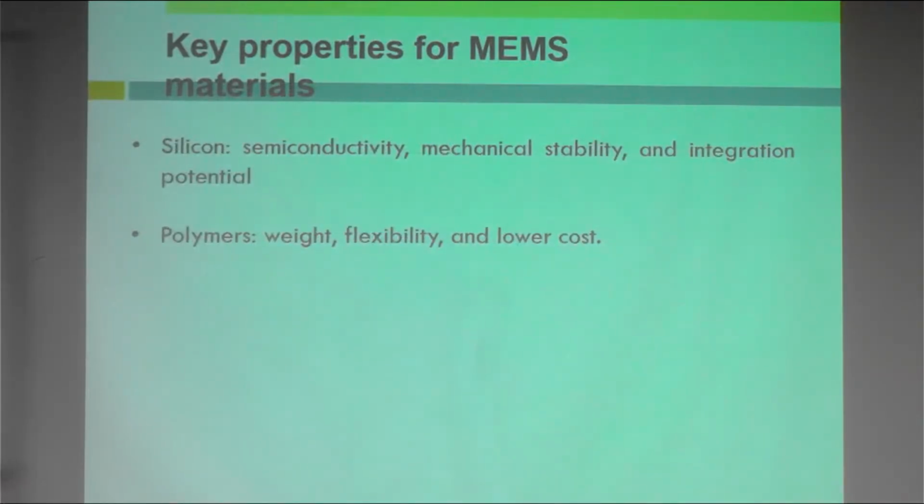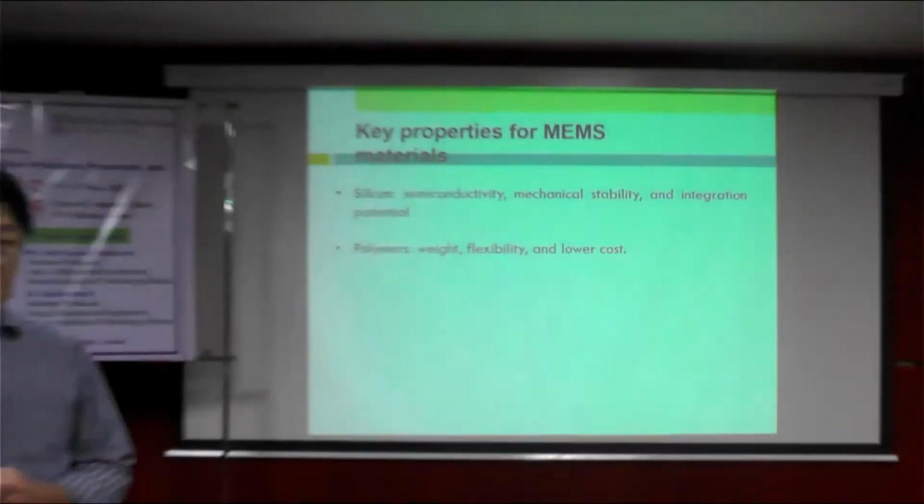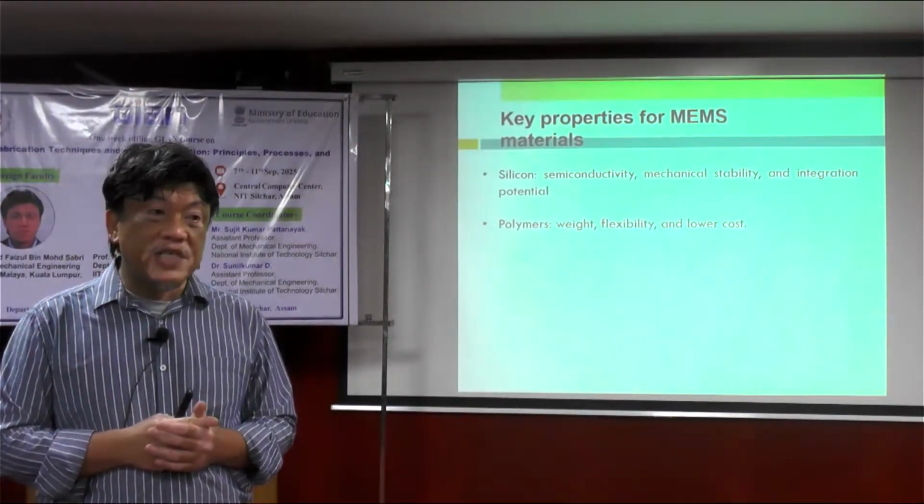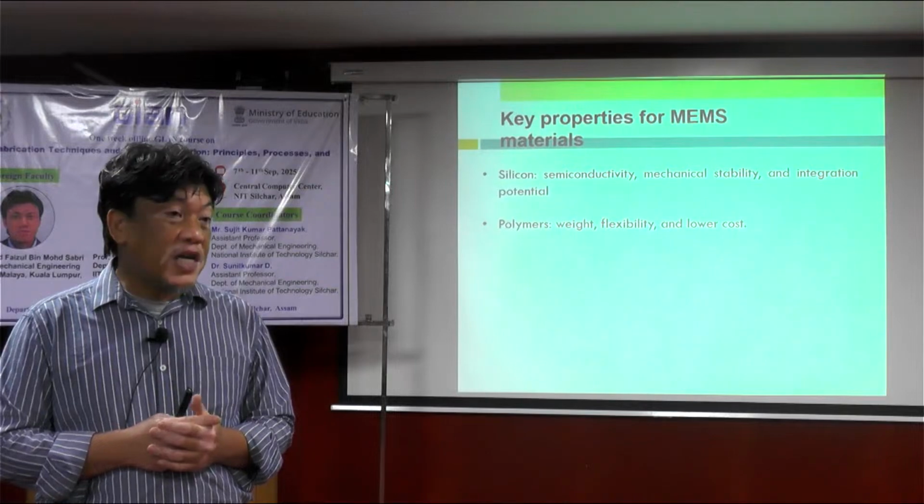With regard to the properties that I mentioned, in MEMS we normally use silicon as the base material or base structure, because silicon is good at those properties: semiconductivity, mechanical stability, and integration potential. And if we remember from the first lecture, the origin of MEMS or microfabrication was the semiconductor process.